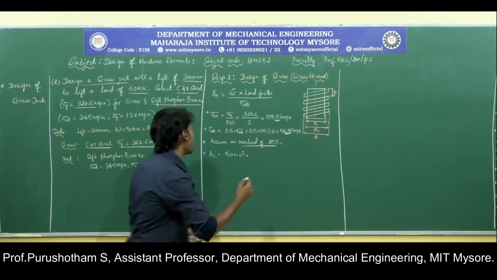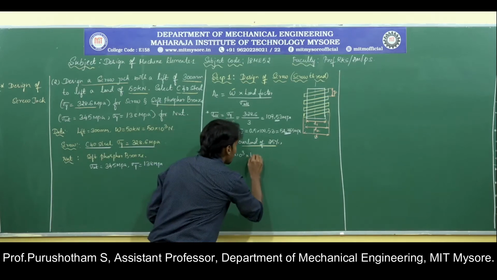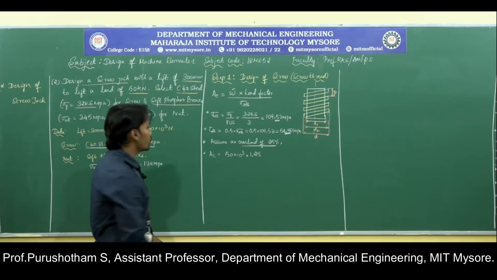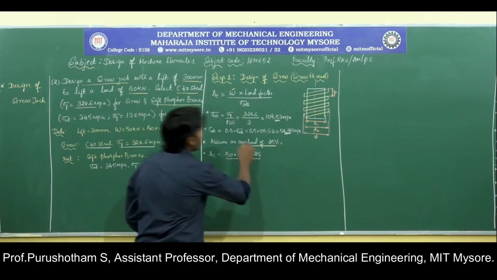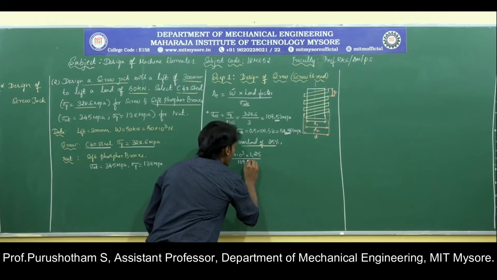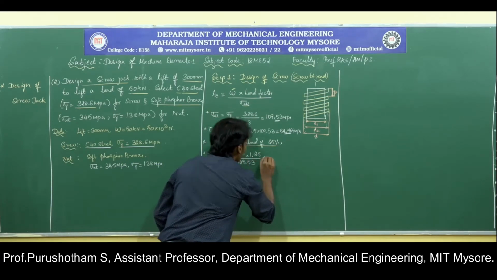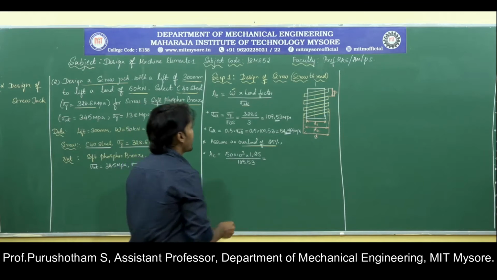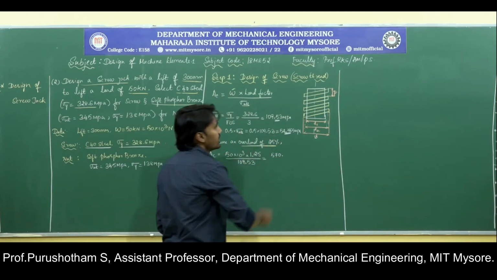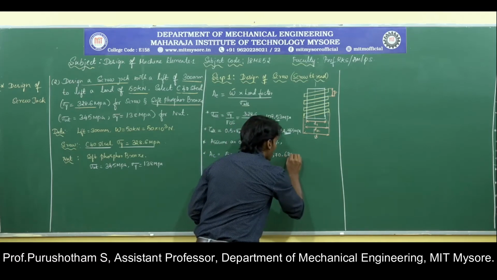So 125 by 100 is equal to 1.25. The load factor becomes 1.25, then divided by sigma allowable, that is 109.53. If you calculate this, the core area you will get is 570.62 millimeter square.